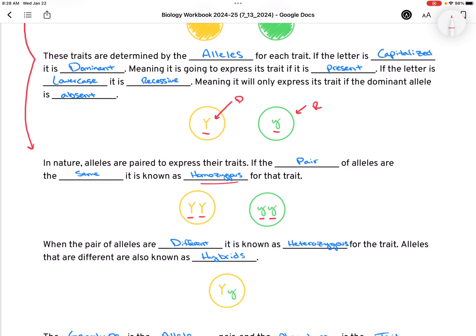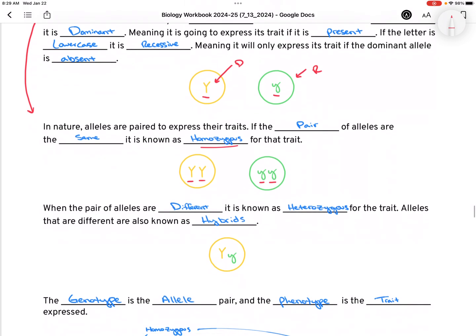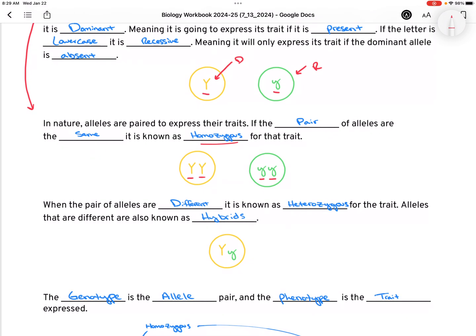What happens if we do a hybrid where we have a big Y and a little y put together? This is known as heterozygous for the trait, and we also call these hybrids. They're a hybrid because they are a mix between the two different traits. You'll notice that the color of the seed is yellow instead of green.